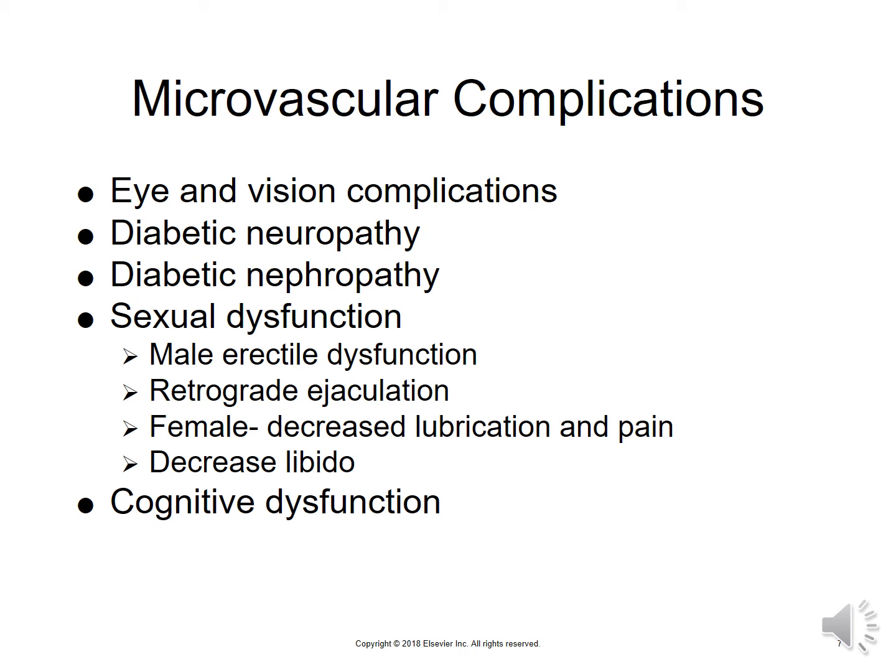So, diabetic neuropathy. What happens is you have some cardiovascular autonomic neuropathy, which affects the sympathetic and parasympathetic nerves of the heart and the blood vessels. This problem contributes to left ventricular dysfunction. You can also have a painless myocardial infarction.